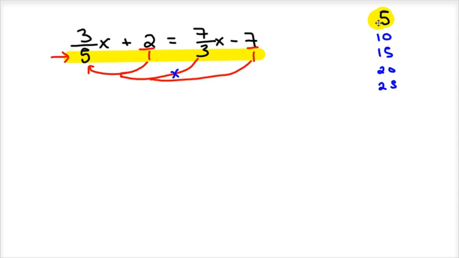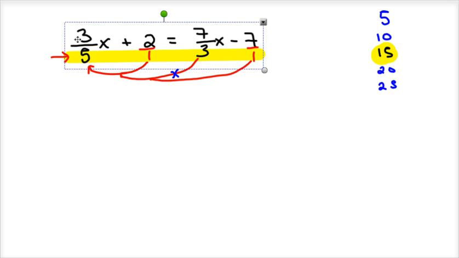Can I say 5 divided by 3 and get a whole number? No. Can I say 10 divided by 3 and get a whole number? No. 15 divided by 3 and get a whole number? Yes. I could do 15 divided by 1 and get a whole number, 15 divided by 3 and get a whole number, and 15 divided by 1 again and also get a whole number. So 15 is my common denominator that I'm going to use.